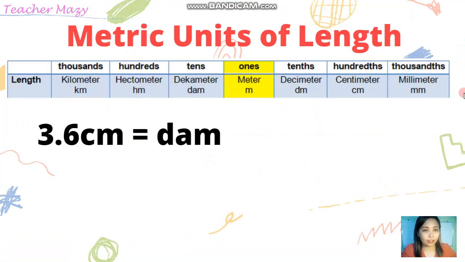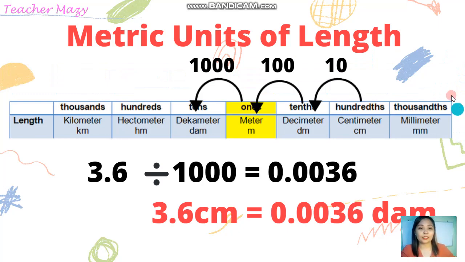So, here is another example. We have 3.6 centimeter. Let's convert it to decameter. So, this is smaller unit to bigger unit. So, that means the operation that we will use is division. Ayan. So, since papunta tayo doon sa bigger unit, division ang operation natin. So, let's count kung ilang beses tayo nag-shift. 1, 2, 3.